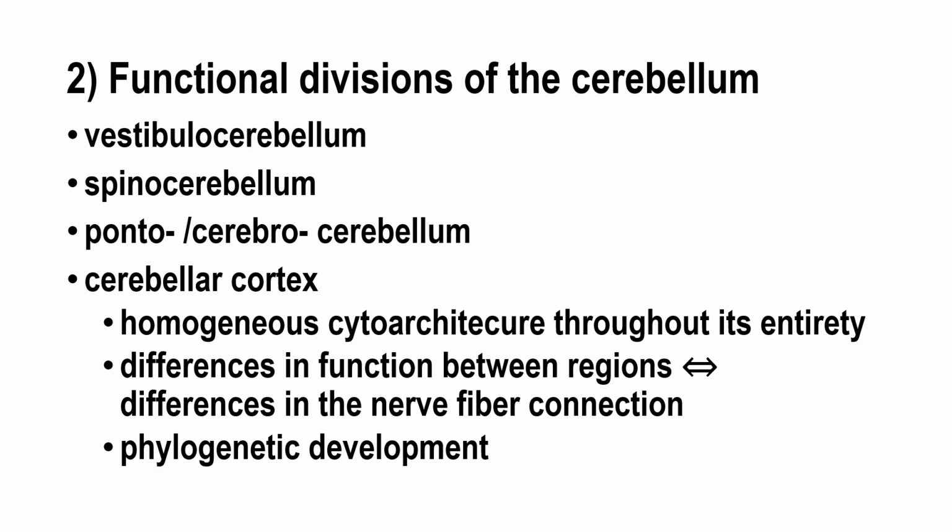That is, where the afferent and efferent fibers of that region connect. Furthermore, the functional subdivision also corresponds with one based on the cerebellar phylogenetic development from lower to higher animals.